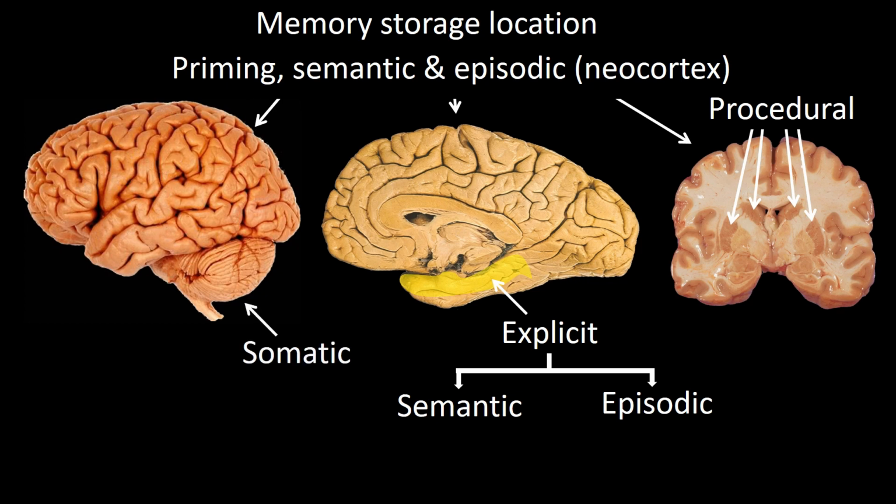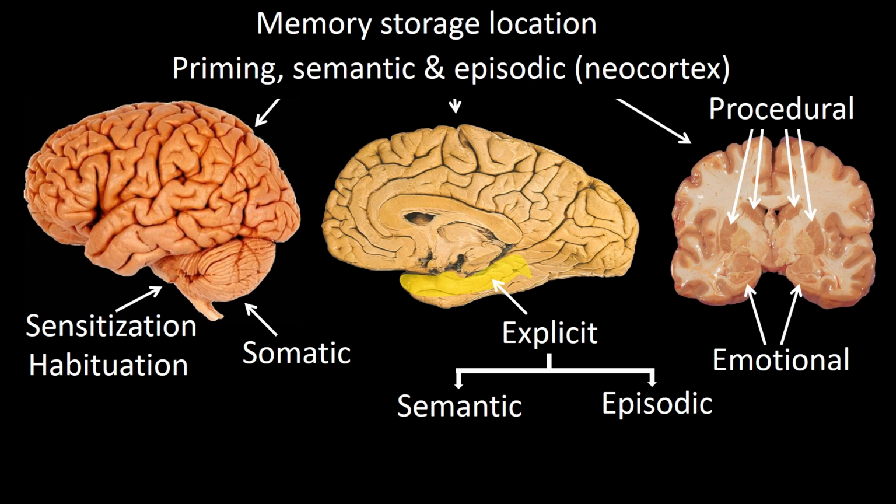Somatic memory, recalling your physical pain after seeing someone else going through the event that caused your pain, is said to be stored in the cerebellum. Sensitization and habituation are said to be stored in the brainstem. Emotional memories are stored in the amygdala.